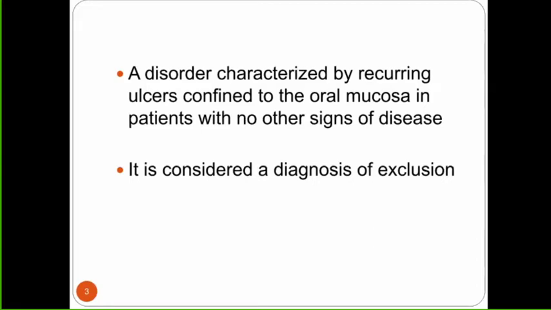So by this what we mean is, whenever we cannot diagnose anything else, then we diagnose an ulcer to be of abscess ulcer. Because if we know there is trauma as the cause, then it's a traumatic ulcer. If we know the patient has viral fever and then he had an ulcer, we call it viral ulcer, like herpes or herpangina.